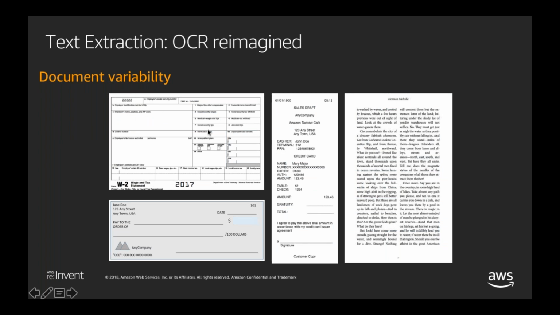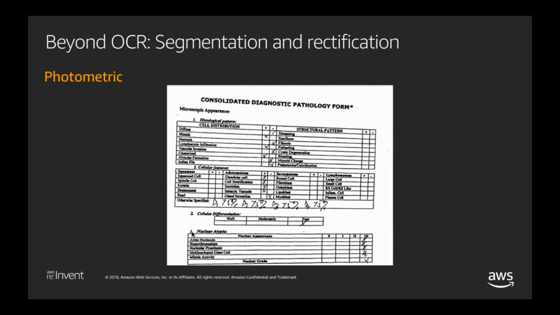And again, talking about the variability. So these are great examples of sparse text, dense text, tables and forms. Photometric, I guess, is apparently the word we've all been looking for: really bad photocopy. But Textract is able to extract tables and text from these as well.